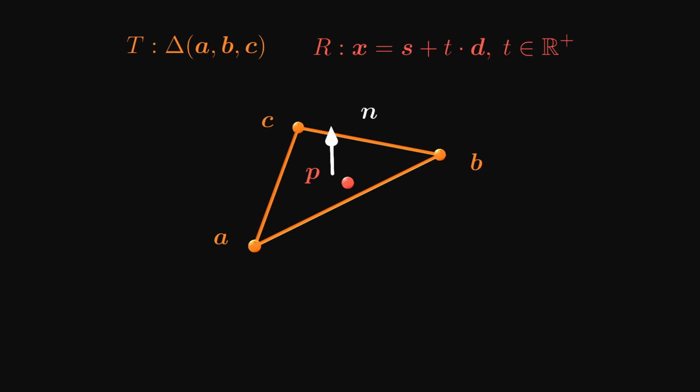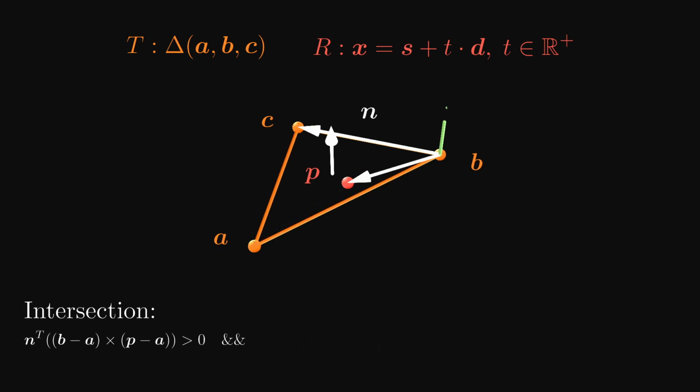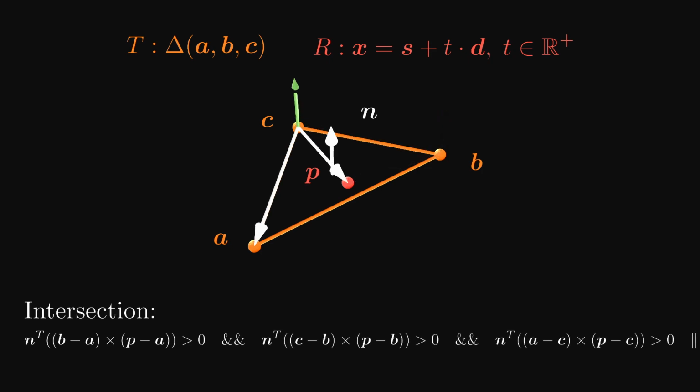For each edge vector, I check whether the point lies to the left of it. Here the cross product helps again, this time with its anti-commutative property. If the point lies to the left of the edge vector, the cross product points in the same direction as the normal vector. So for each edge vector, I check if the dot product of the normal vector and the cross product is greater than 0.